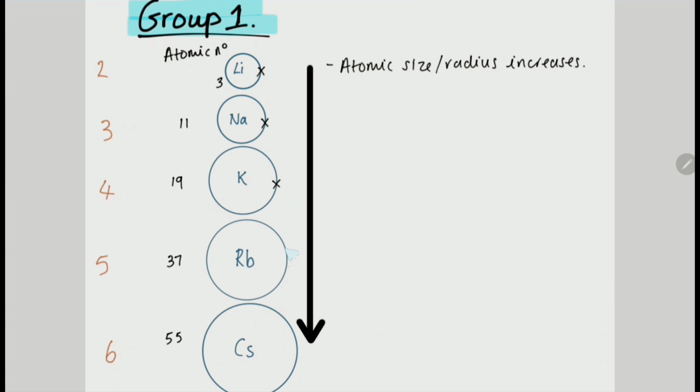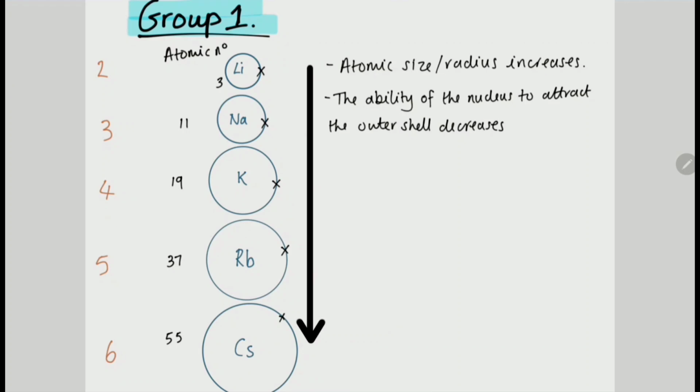So the nucleus is attracting all the electrons, including the outer shell electron. If you notice, the outer shell electron is going further away from the nucleus, so the ability of the nucleus to attract the outer shell electron is decreasing as you go down the group, because it's just getting further and further away as the atomic size is increasing.